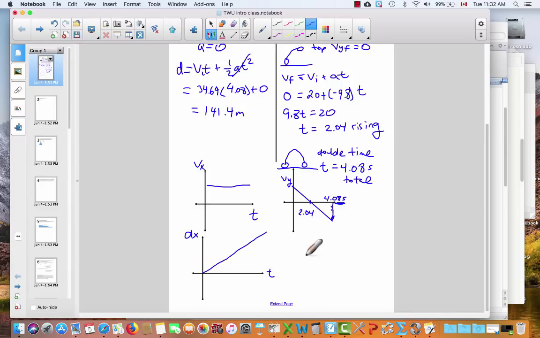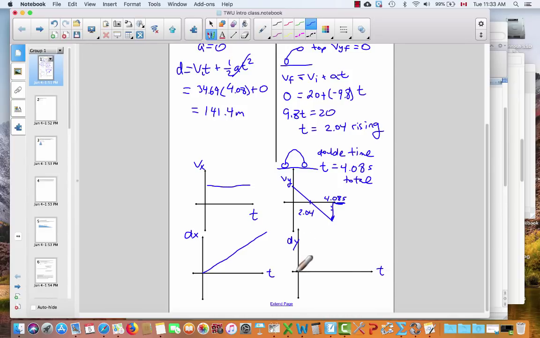So that's a straight line. In the y direction, because of the acceleration, the y displacement is actually going to be a curved or parabolic graph versus time. So initially the y displacement is 0, so this is dy versus time.